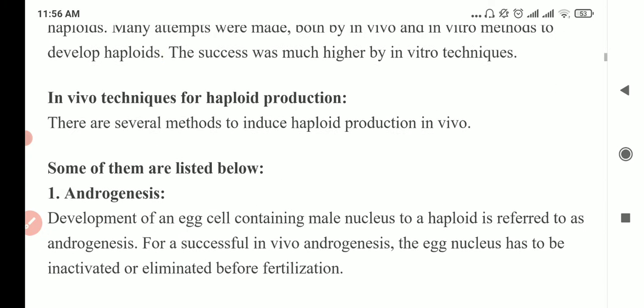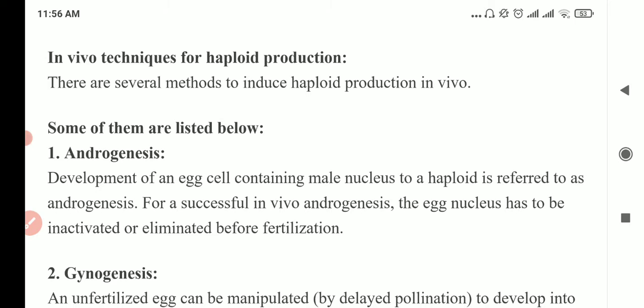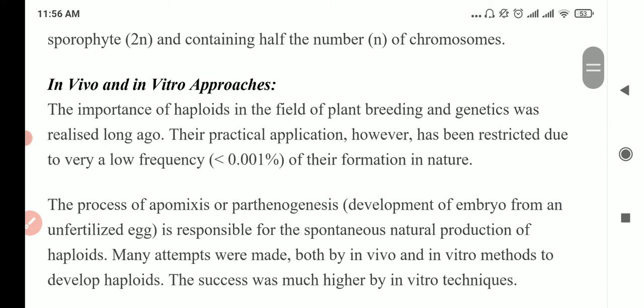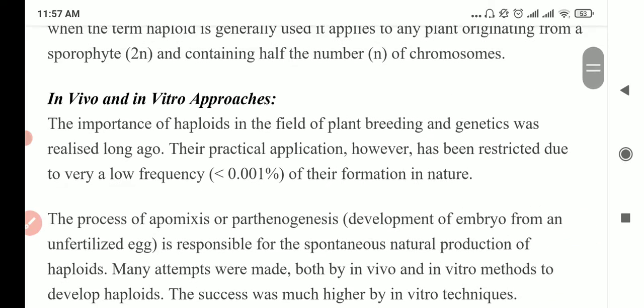Now let's look at in vivo techniques for haploid production. What I was talking about, parthenogenesis and apomixis, when haploids come in spontaneously in nature, this is your in vivo. In vivo means in nature.